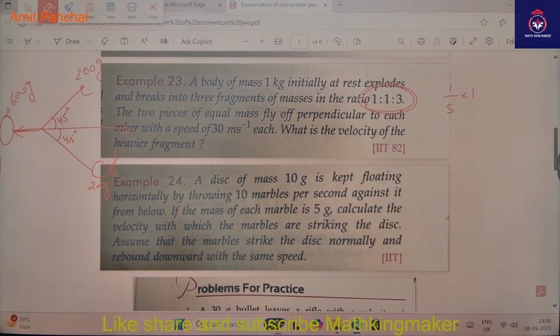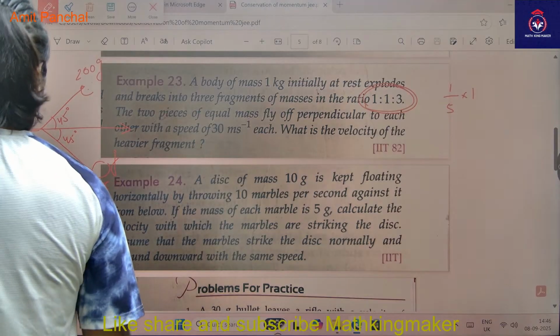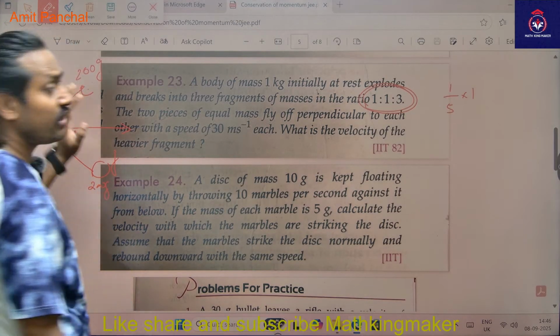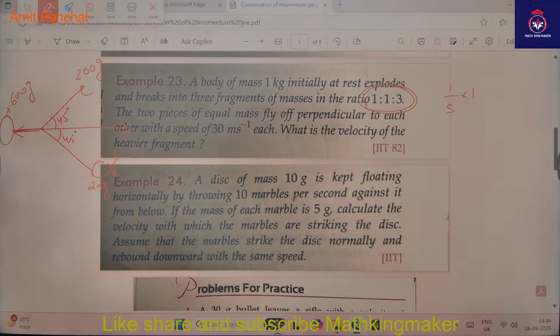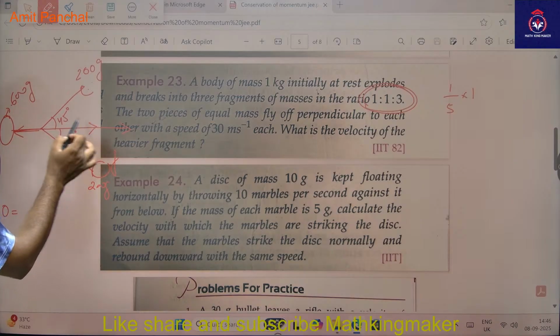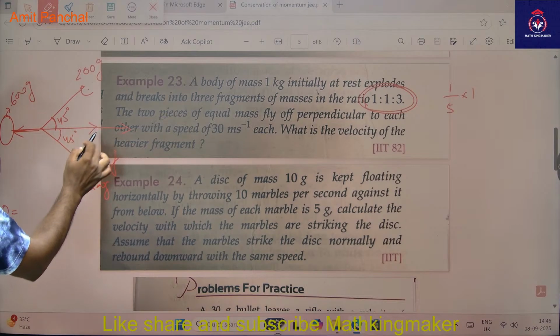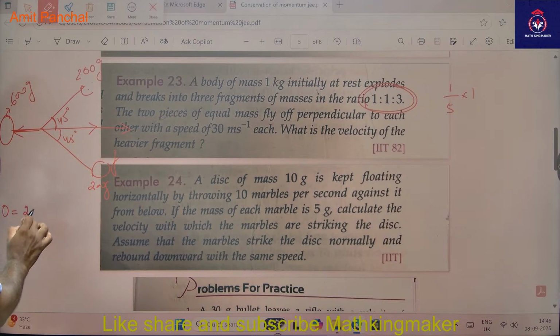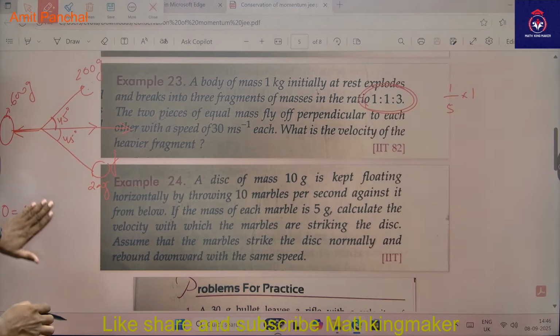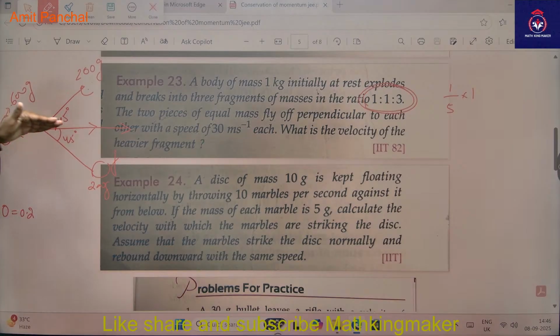Okay. So before explosion, how much momentum was it having? 0. And after explosion, see, this is its horizontal momentum. If it is at 45 degrees, 200 gram we can write as 0.2. And what will be the horizontal component of velocity?